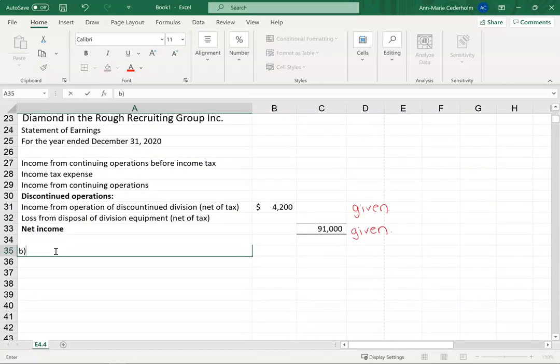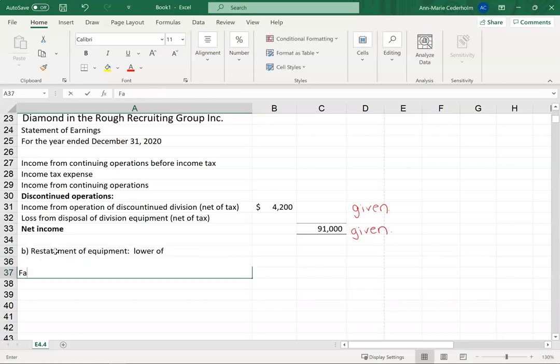So if you remember, the company can write the equipment down and then move it as an available for sale asset. So when they do that, they're going to restate the equipment. So remember, it's the lower of the carrying amount or the fair value less the cost to sell.